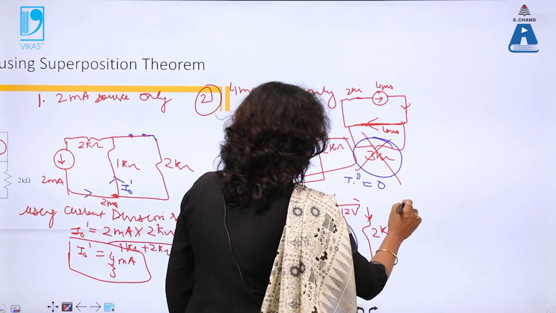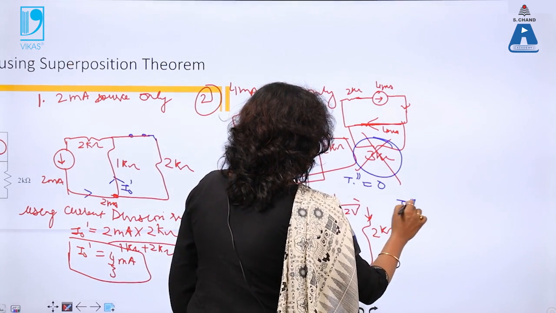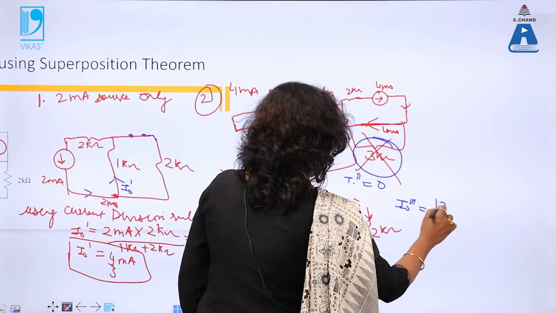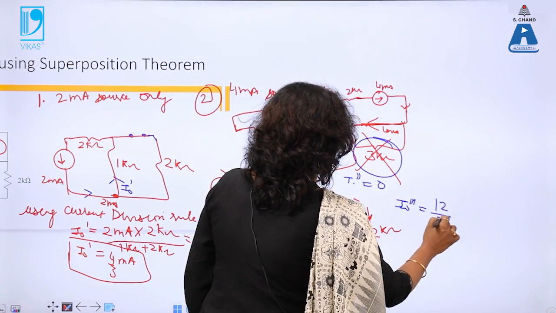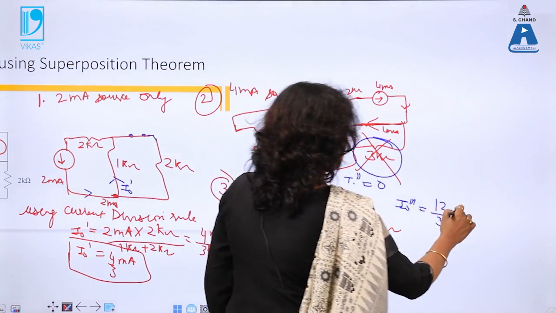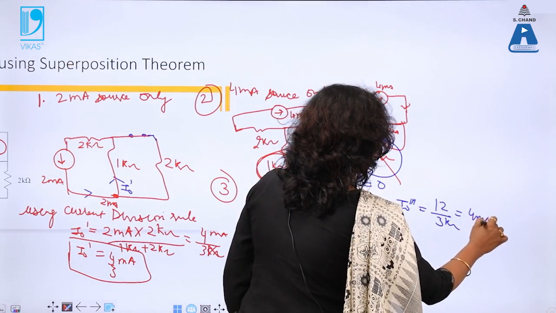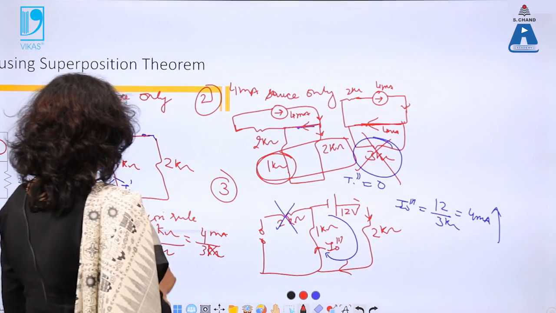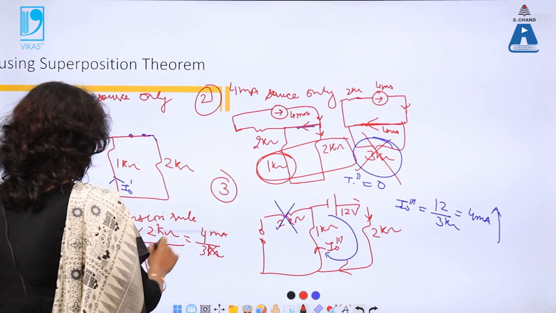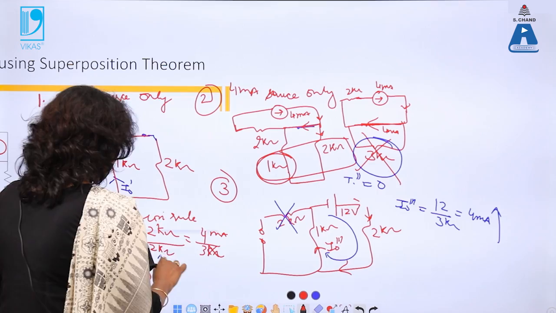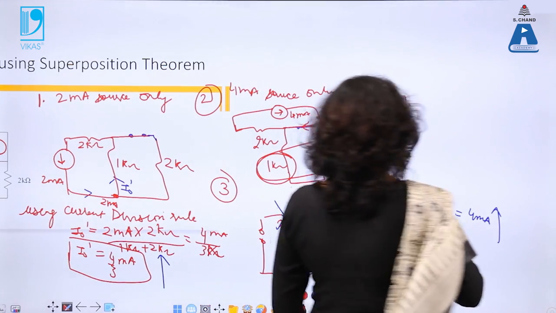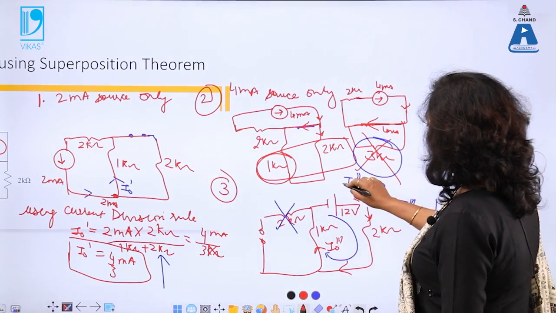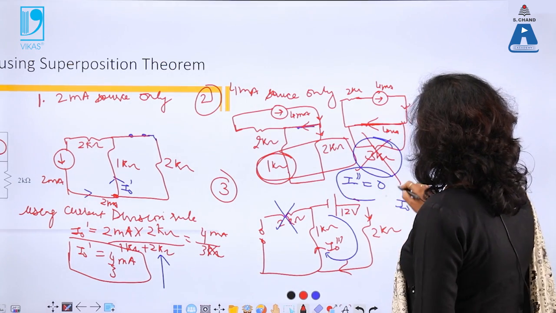So my I naught triple dash will be 12 divided by 2 plus 1, 3 kilo ohm. So this will be 4 milliamperes and direction is from bottom to top. So if I summarize, I naught dash is also bottom to top and I naught triple dash is also bottom to top and this I naught double dash is 0.